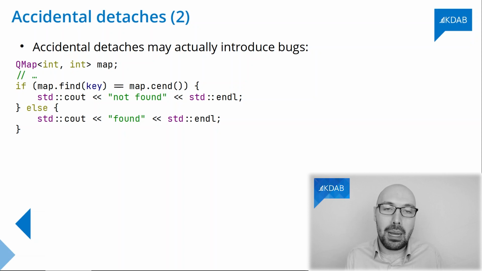Well, it may detach the map. That depends on whether the map is shared or not. But let's say it is. Let's say that the map is actually shared when you call find on it. So the first thing find does is to detach the map, and then it will search for the key inside its detached copy and return an iterator to the key value pair if it's in there, or to the end if it's not there.